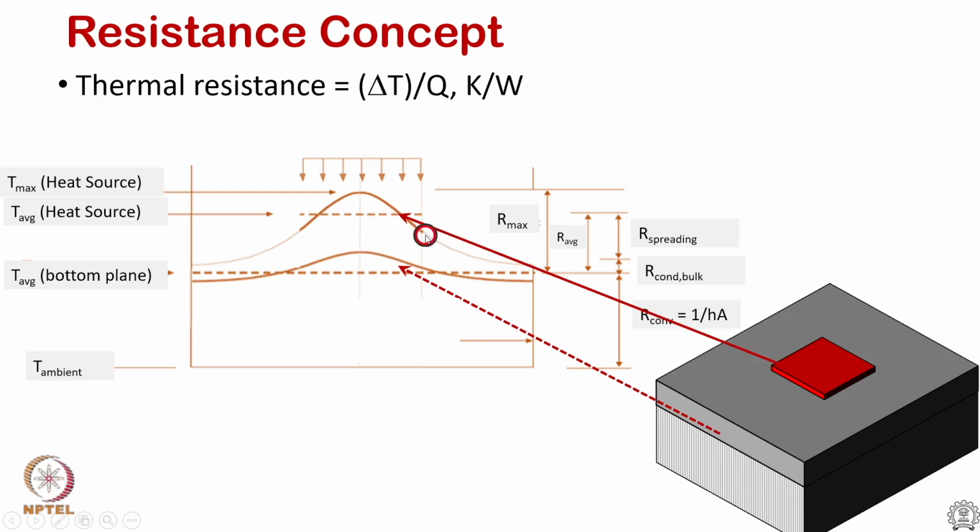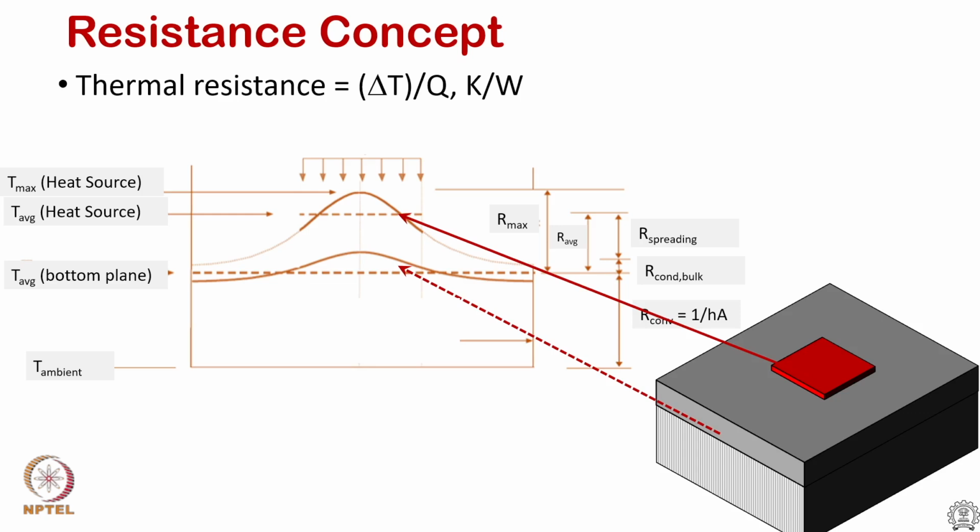So, what you encounter is what is called spreading. Whenever heat flows from a smaller area into a larger area, there is something called spreading resistance that one encounters. Spreading resistance means that the heat does not spread immediately into the entire area.